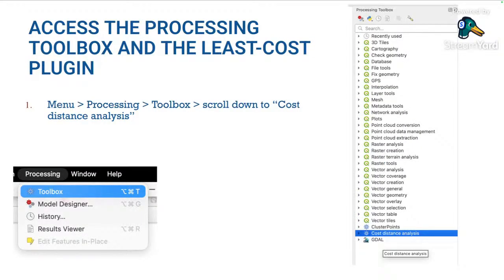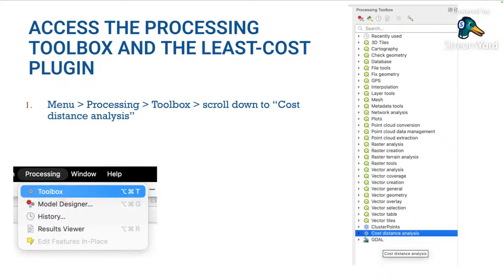Something else that you need to know in order to follow Cian's exercise is how to open the processing toolbox, which is going to give you access to the cost distance analysis plugin. You go to processing from the menu, you open the toolbox, and this is an independent window that will stay in your QGIS project for the time that you need it.